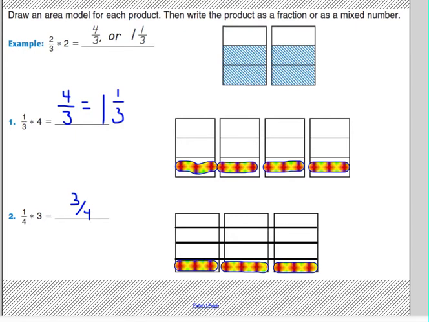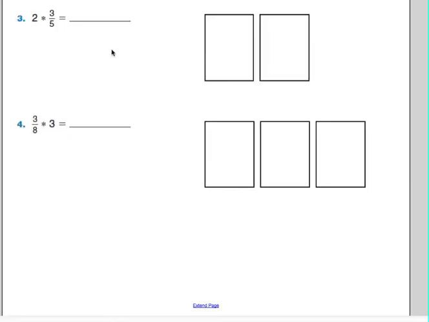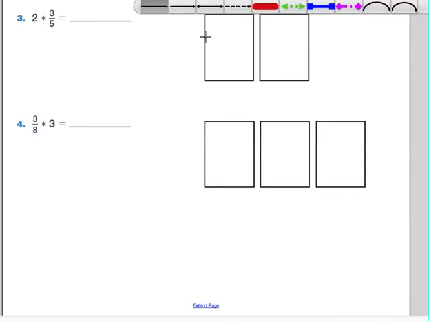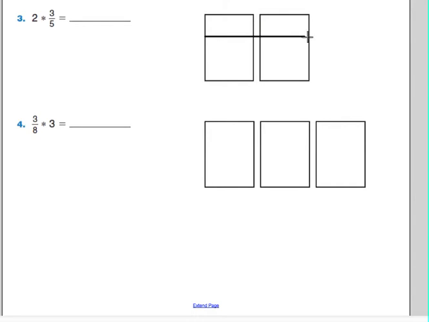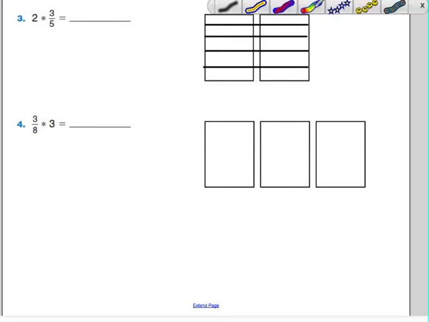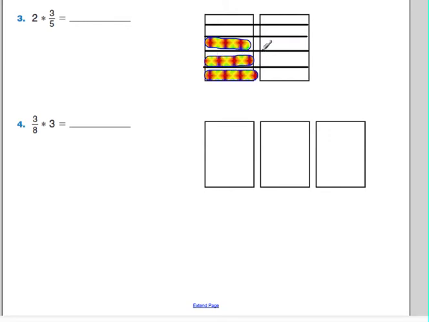Okay, take a look at problem 3. Here we've got 2 times 3/5. Okay, so we have to take our whole, we have to divide it into fifths, imagine that they're equal, and we have 2 times 3/5, so we need to show 3/5 here twice.